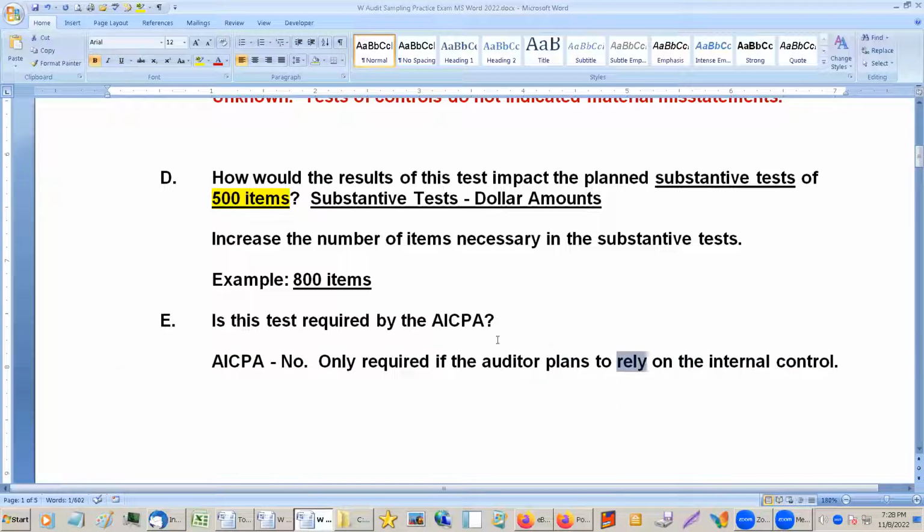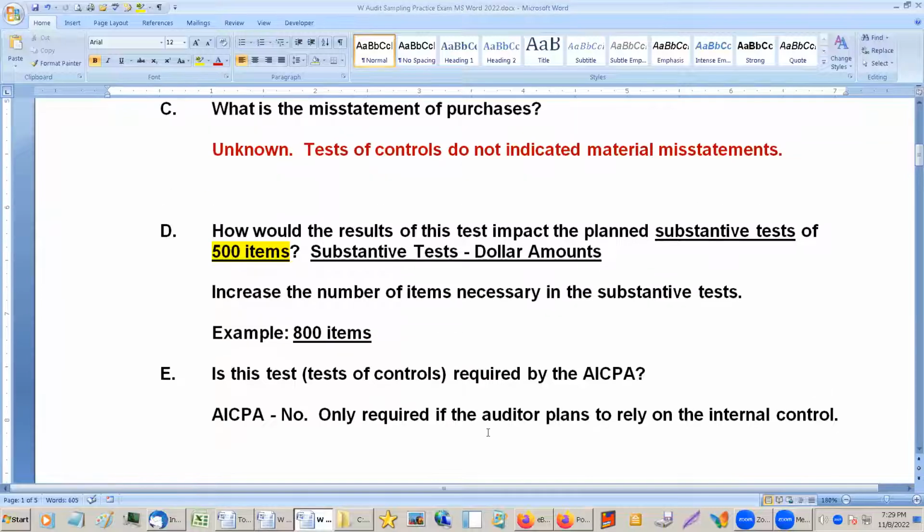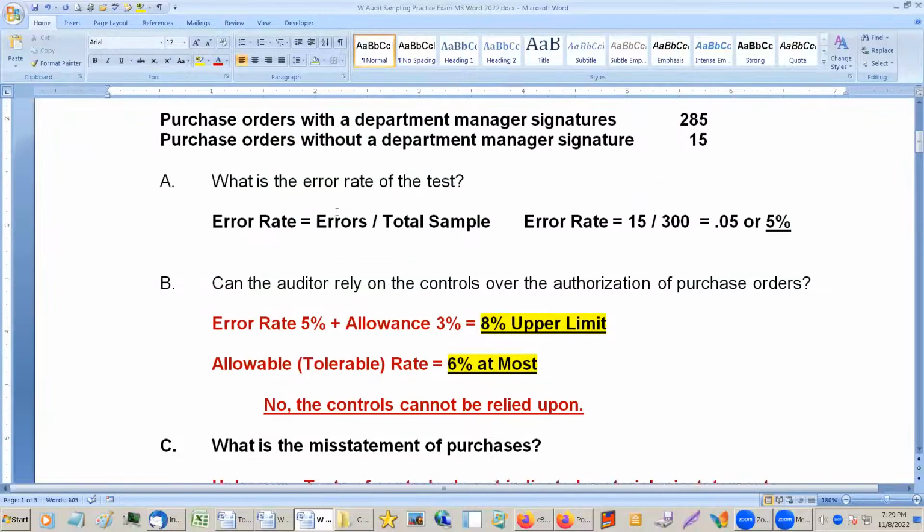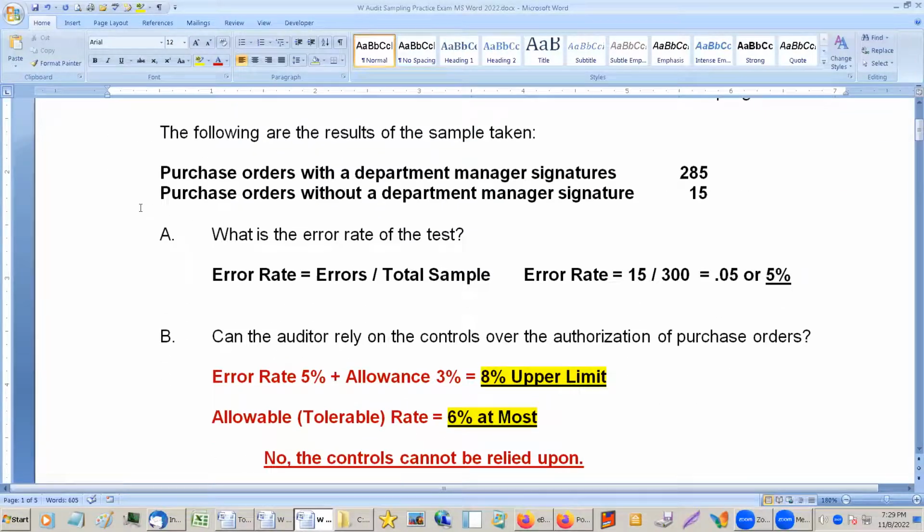So test the controls. They're only required if you are planning to rely on them. And you might skip this step altogether, this test of controls.